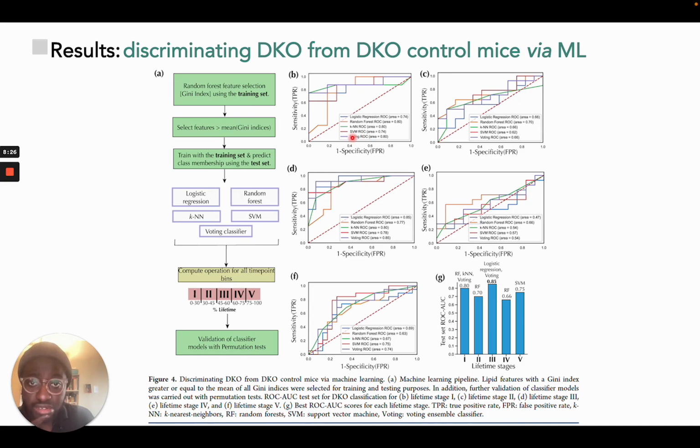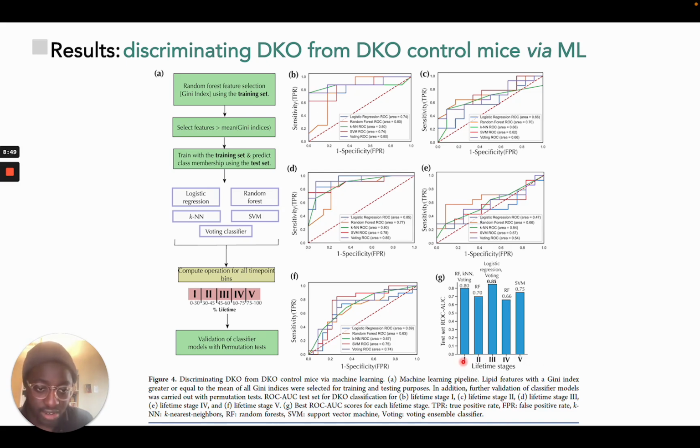So in summary, in B, C, D, E, and F, I'm just showing the ROC AUC test score for all of the machine learning models for all of the lifetime stages, as you can see. And panel G summarizes these results, indicating the highest test score ROC AUC values for each of those lifetime stages.